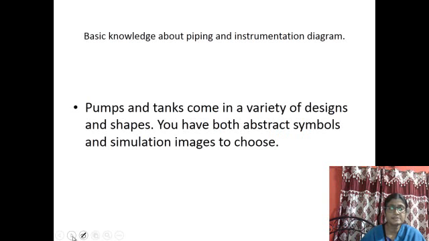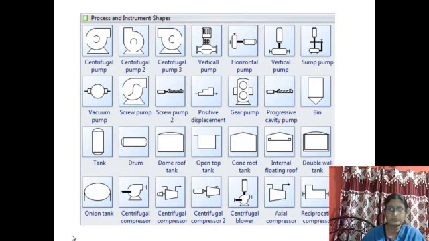Now the process instrumentation diagram, or the piping and instrumentation diagram, covers the symbolic presentation of the different units as well as the control loops. These are the different symbols for pumps, and typically these symbols are used for a pump. This is for a centrifugal pump, this is for a vacuum pump.